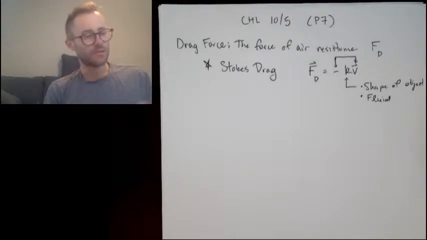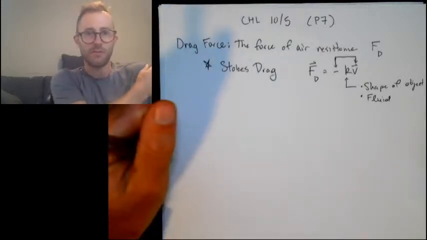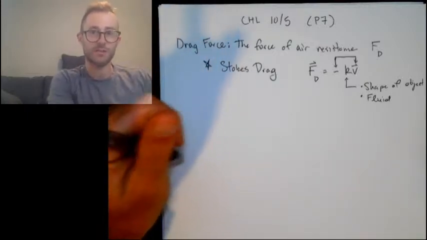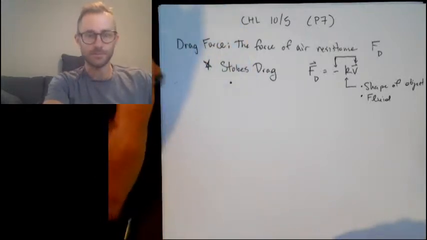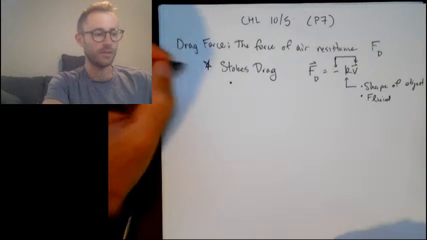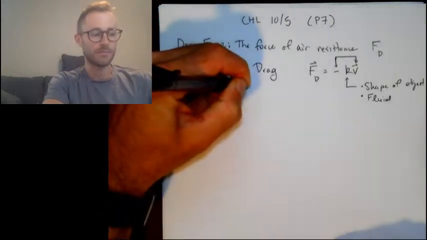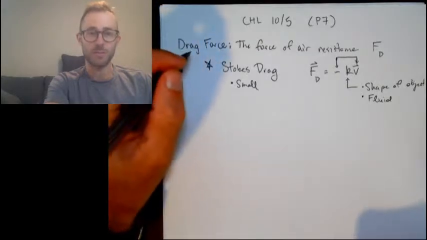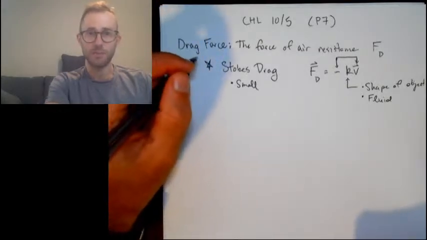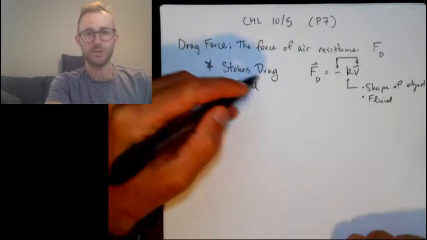All right. So this is the model for the drag force that we're going to use in this class. But I have to tell you that this model is only appropriate if you have something that is really small. And when I say small, I mean really small, like the size of a bacteria. So bacteria experience Stokes drag.